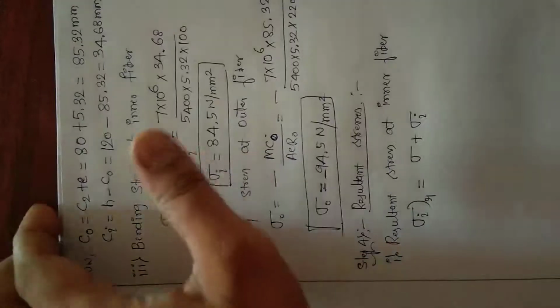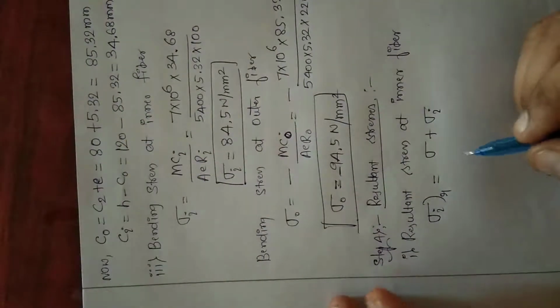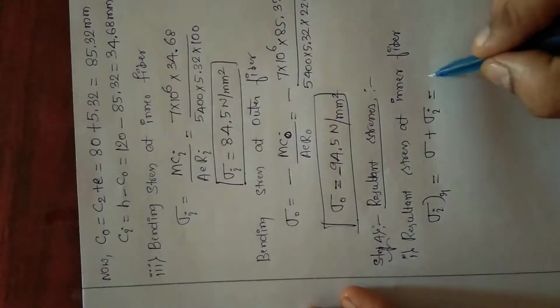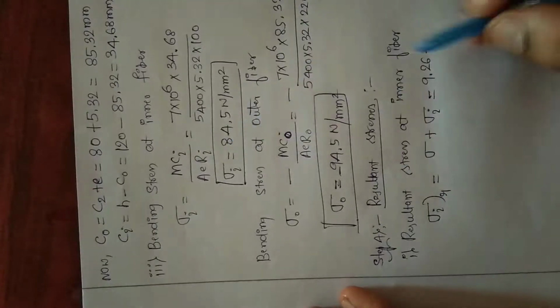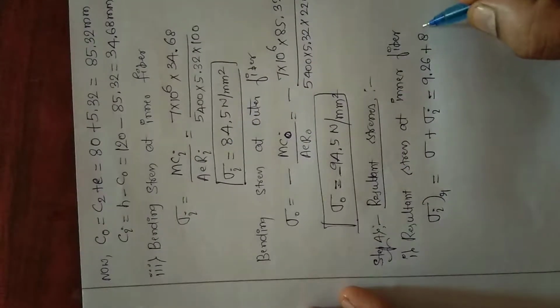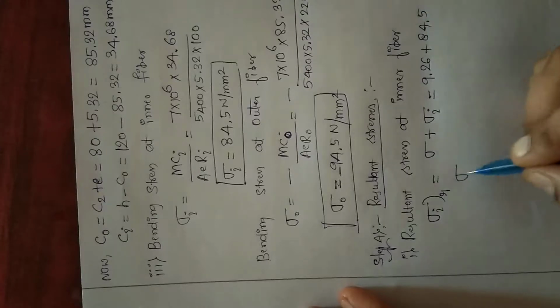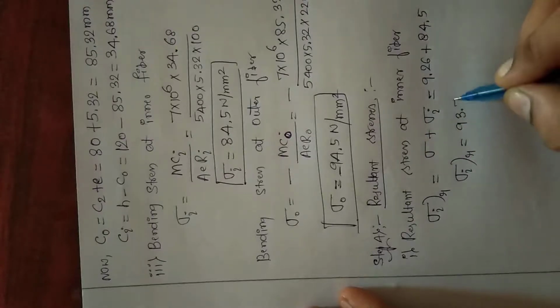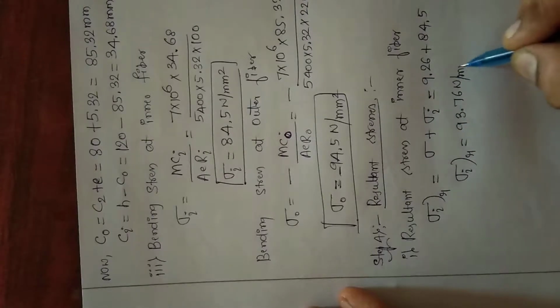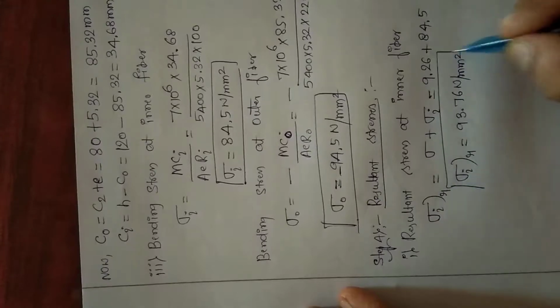So bending stresses I have for the inner and outer fiber. So here I know the direct stress 9.62. So now we have found the inner, it is 84.5. So what will be the inner fiber stress? 93.76 Newton per mm square.